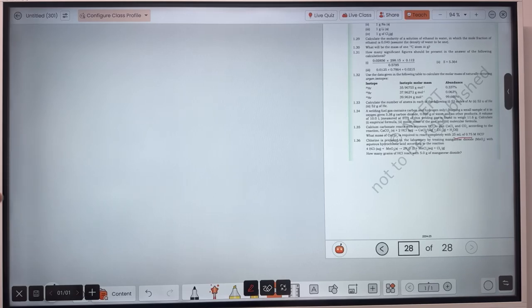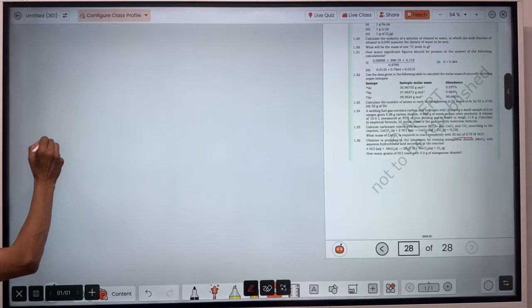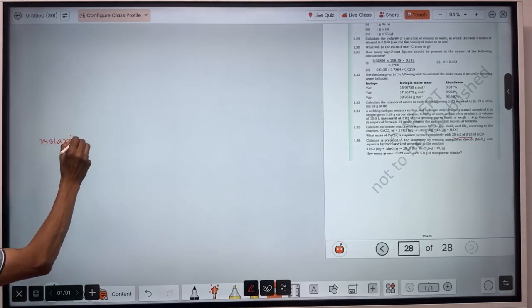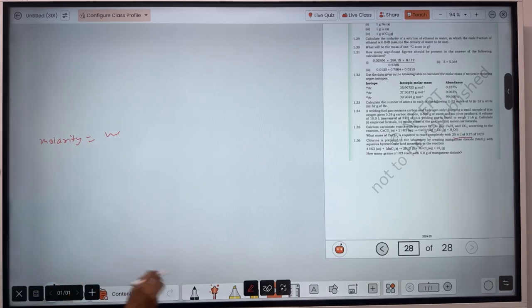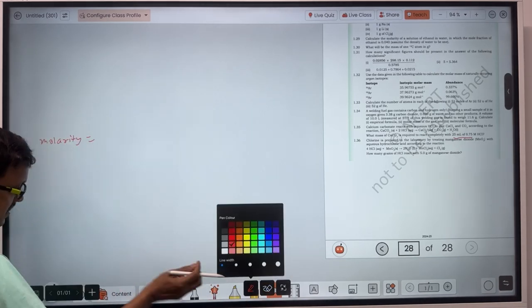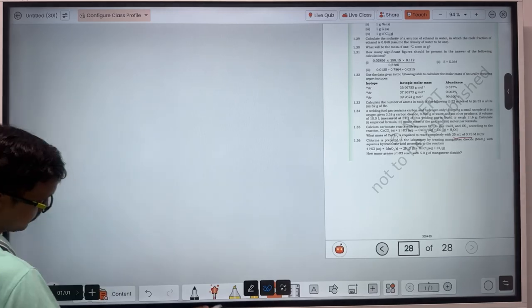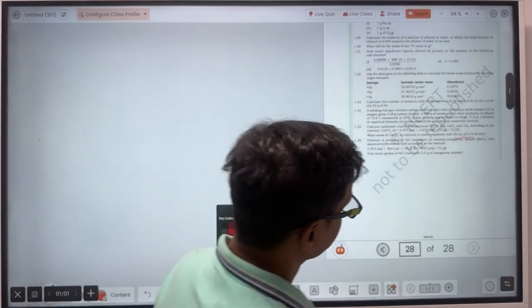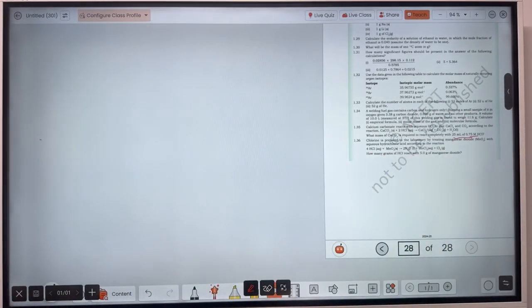Let's see here. So you know already, molarity is number of moles of solute. So by the concept I'm telling you. So molarity here is 0.75 molar.